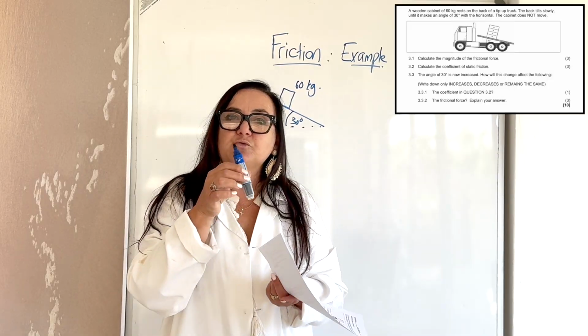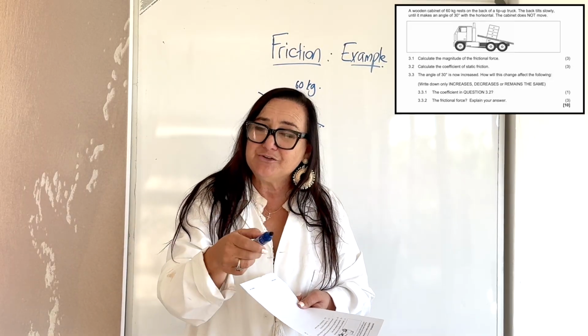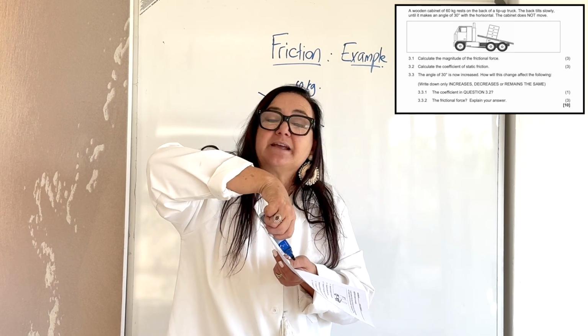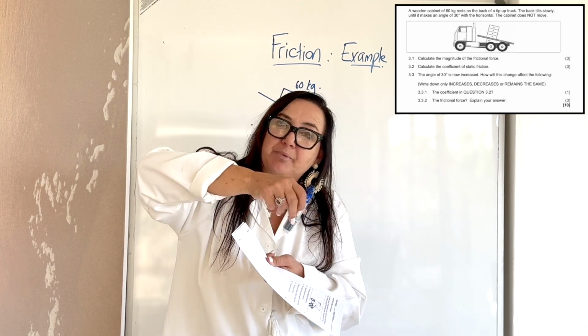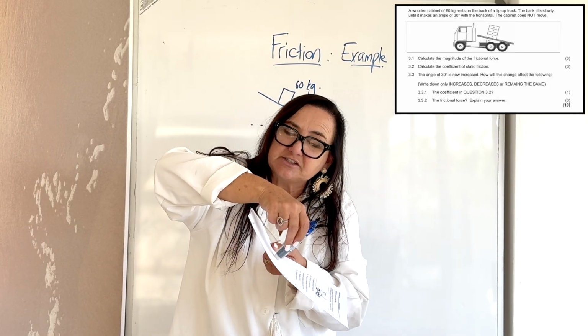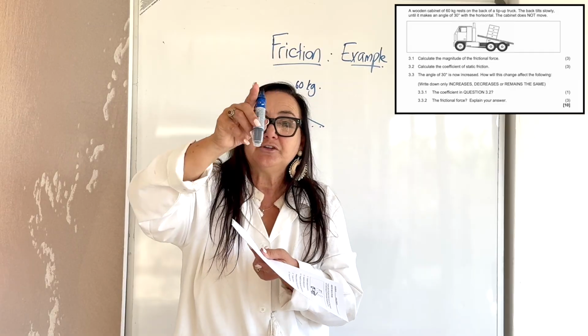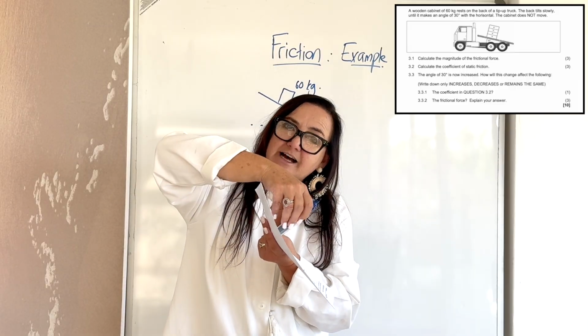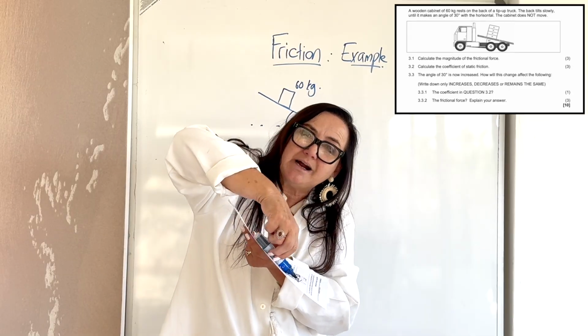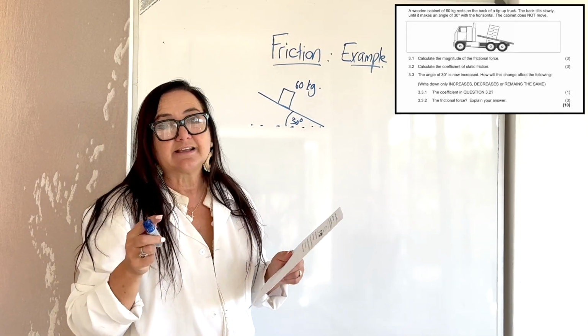Why? Because weight has got a component that works parallel to that slope. Yes, it's also got a component directly 90 degrees onto the slope. So there's two components of weight. One is pushing it down onto the slope, the 90-degree angle, and the other one parallel to the slope is going to make it slide down.